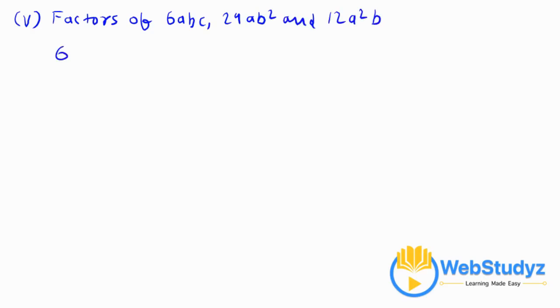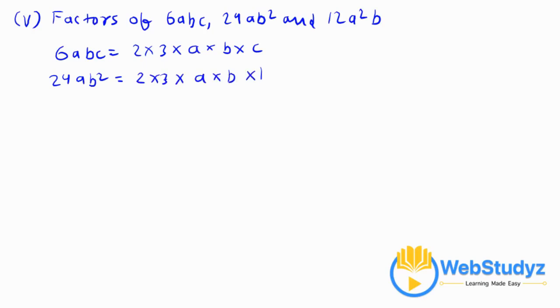So factors of 6abc will be 2 into 3 into a into b into c. Similarly, factors of 24ab square will be 2 into 3 into a into b into b into 2 into 2.